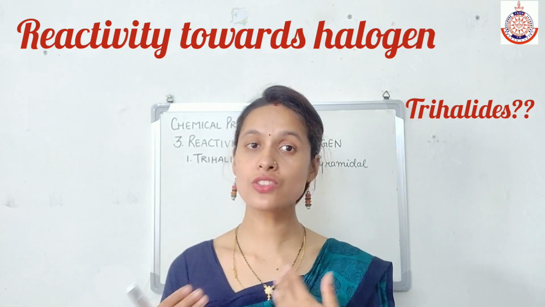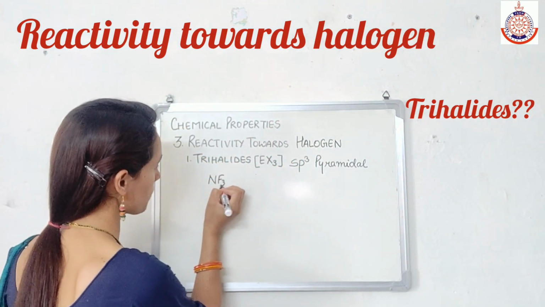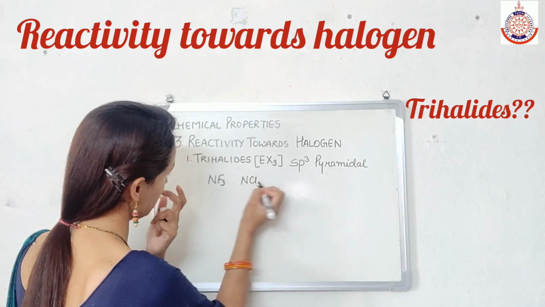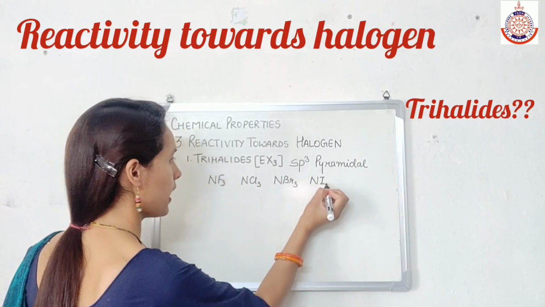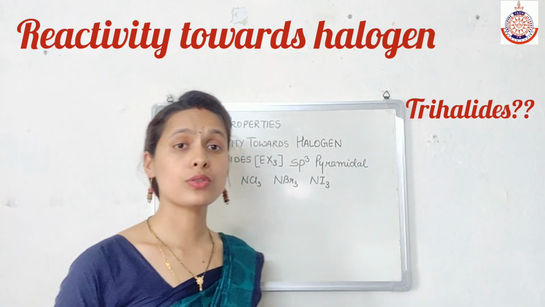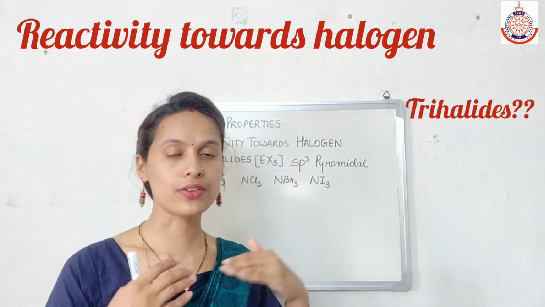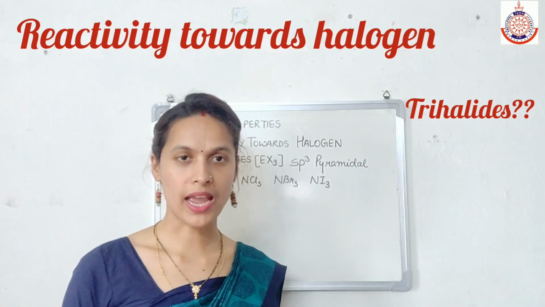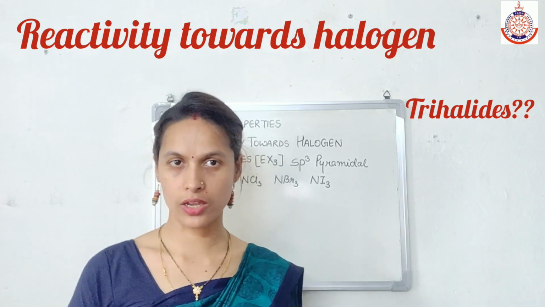Suppose I have NF3, NCl3, NBr3 and NI3, and my question is to arrange these trihalides in increasing bond angle order.